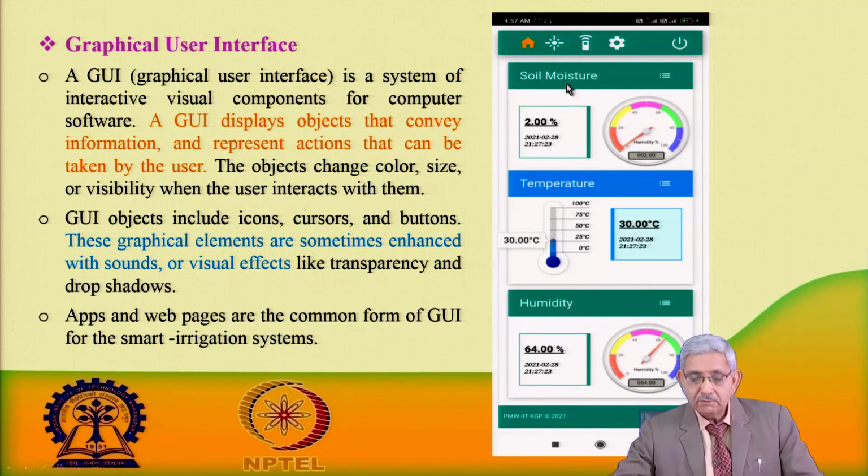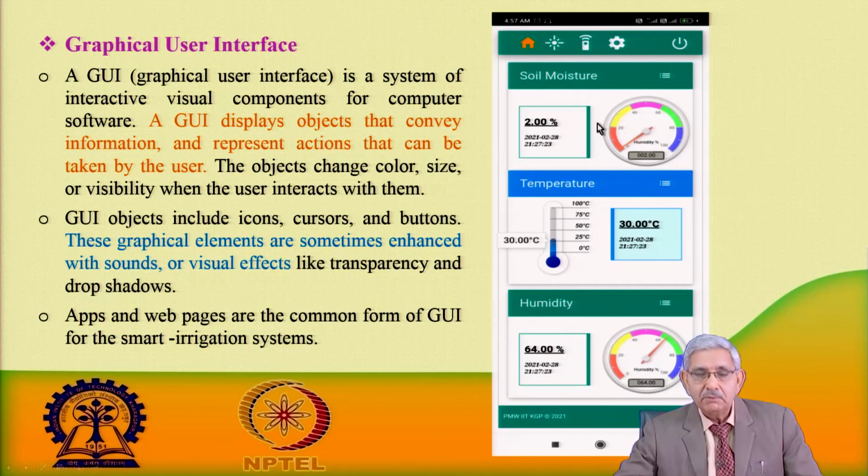Now, the graphical user interface means that instead of giving data or files or text, information is shown in a graphical way, so that any person can use and understand it properly; even a farmer can operate it. The GUI displays objects that convey information and represent actions that can be taken by the user.